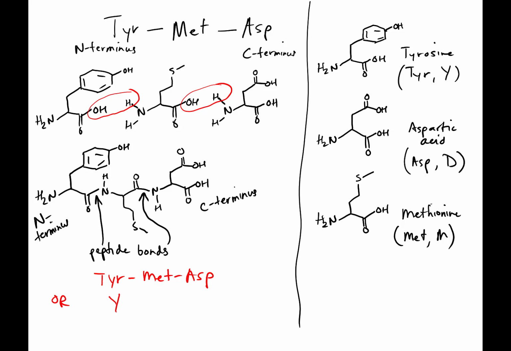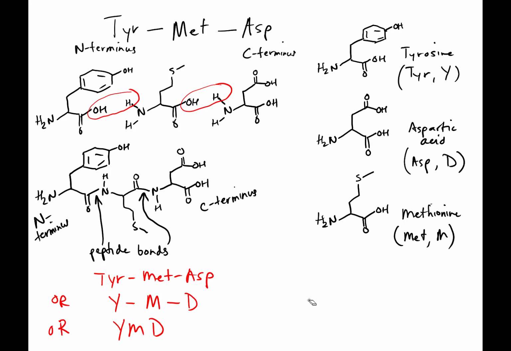Tyrosine, remember, has a one-letter abbreviation, Y, dash, I guess it would be M then, right? Dash D, or sometimes we don't do the dashes, or YMD. Okay, so these are just ways of writing the sequence, what we call primary protein structure, which we'll get to here in a little bit.